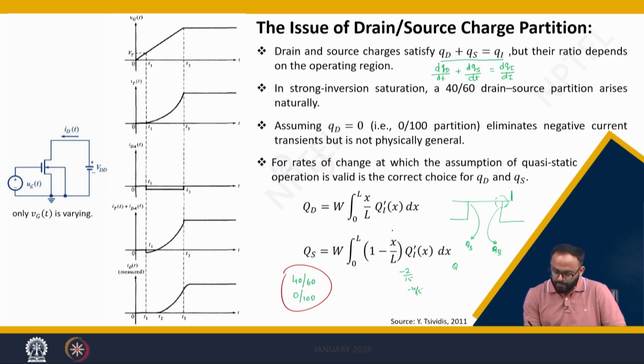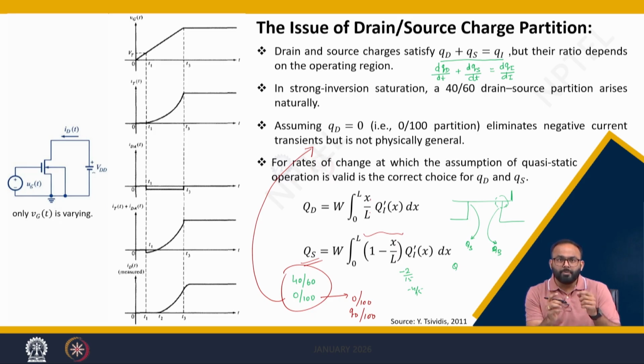Ratio means the weighting factor which we have used in our calculation, whether this x by L or 1 minus x by L is correct or not. Assume that we take this ratio as 0 or 100, meaning the contribution of QD is 0 and the contribution of QS is 100%.